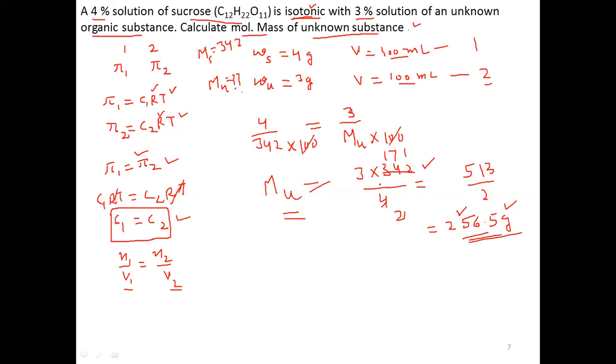Let us move to the next numerical, it is important and very easy to do, and you can do it very quickly. You just have to remember that for solutions which have the same osmotic pressure at the same temperature, C1 will be equal to C2. So by putting the values of concentration in moles per liter, we can calculate the molecular weight of the unknown solute.